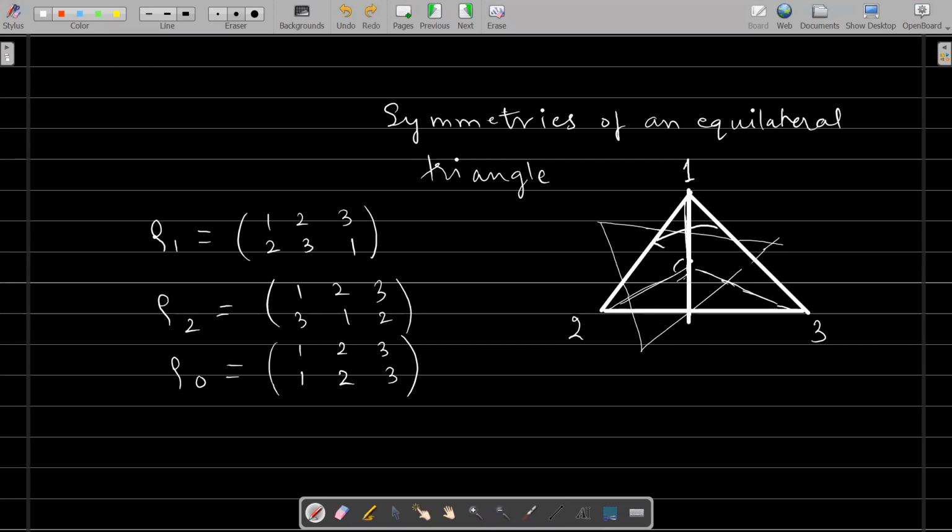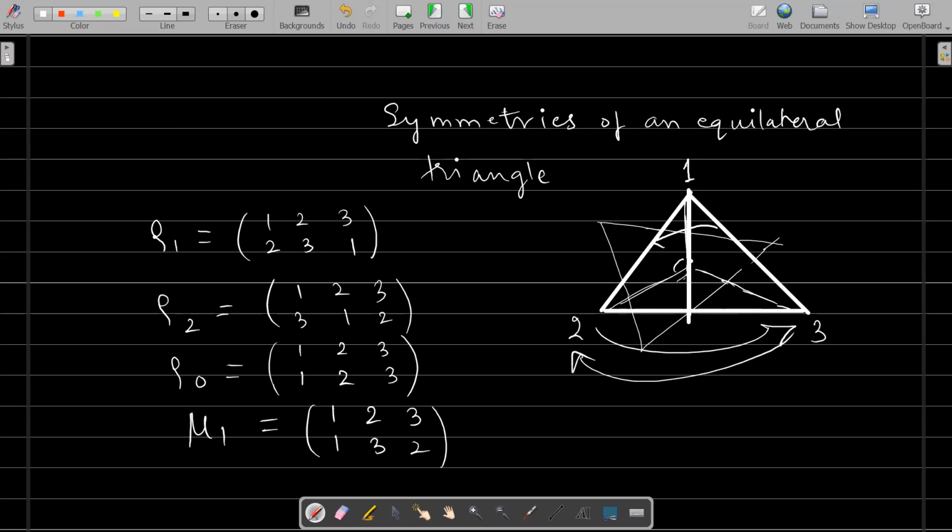So in that case, what happens as far as vertices are concerned? I'll say mirror at vertex 1, where 1 is unmoved, 1 stays onto 1 itself, but see that vertex 2 will go on to 3 and vertex 3 will go on to 2. Okay, this will fit onto this and this will fit onto this. Is that okay? Yes, sir. So that's called mirror at 1. I'll call it mu1.